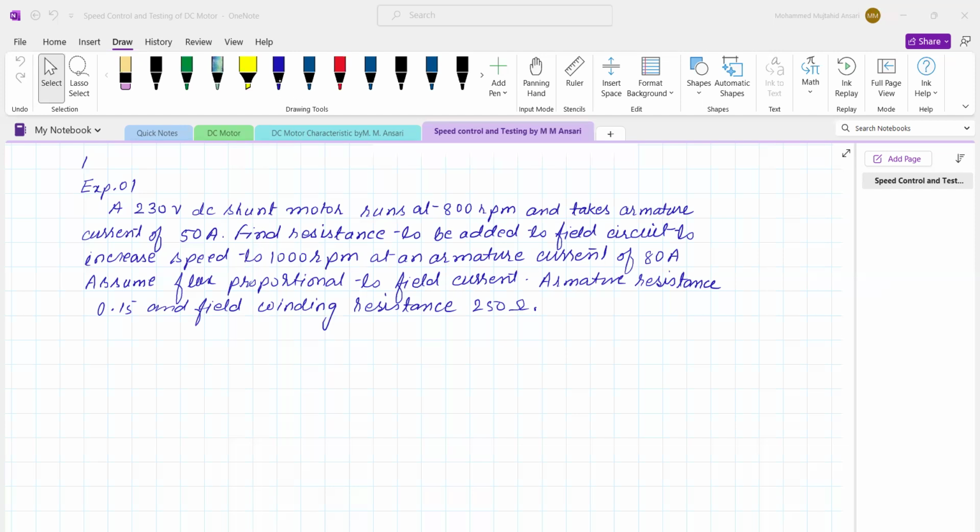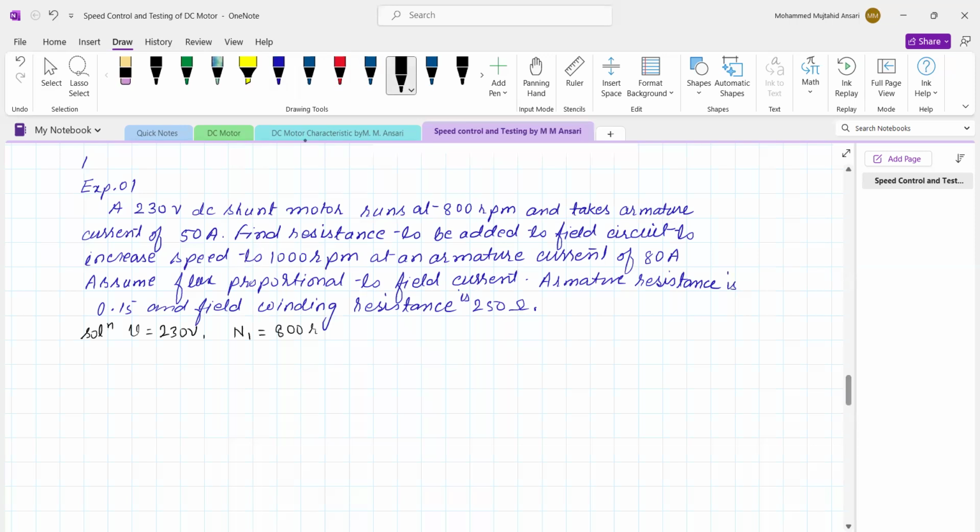So here some data is given. The motor supply voltage V is equal to 230 volt, whereas the motor speed in the initial condition N1 is equal to 800 RPM, whereas in the second case we want to increase the speed up to 1000 RPM.